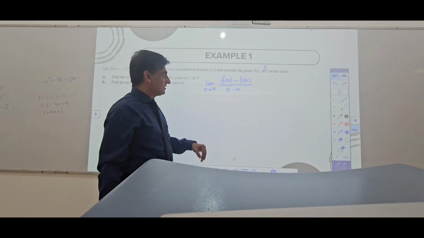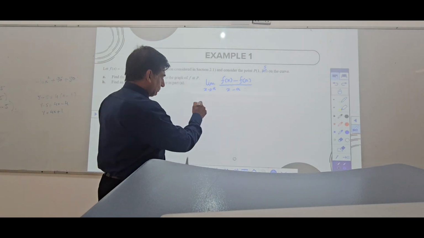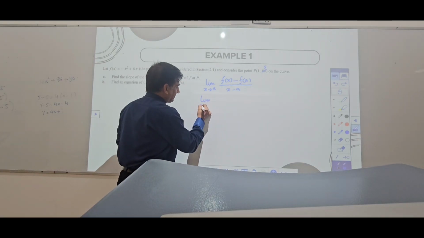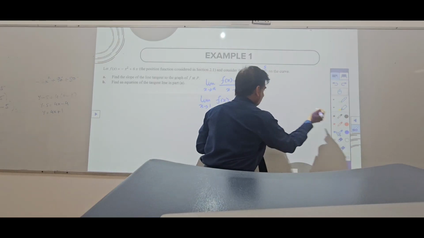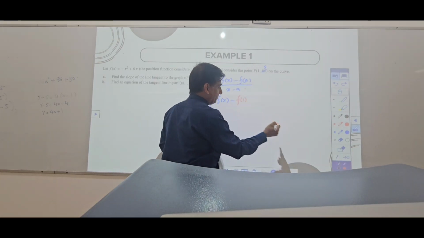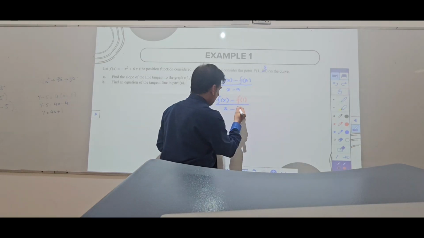Now in this case, the particular value of a is 1, which is the value of x here. So the limit as x approaches 1 of f of x minus f of 1, divided by x minus 1.